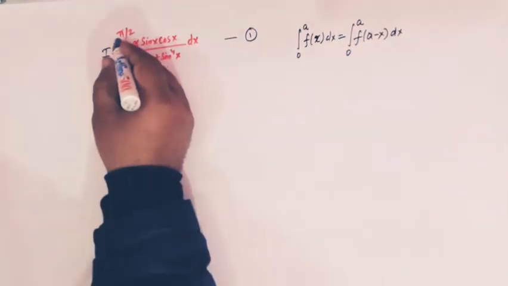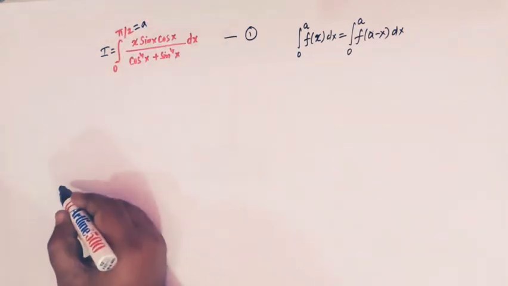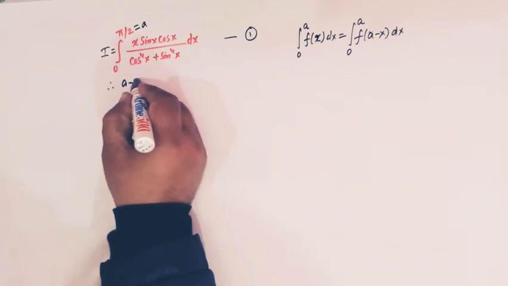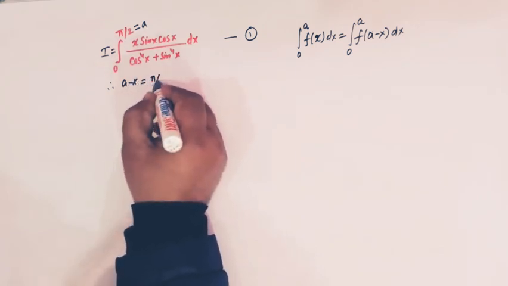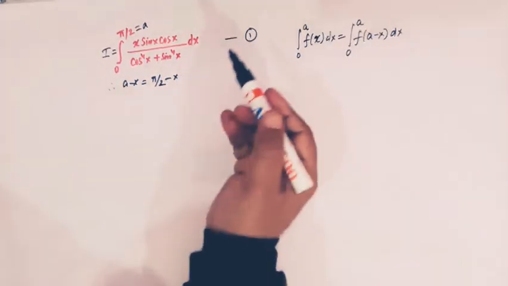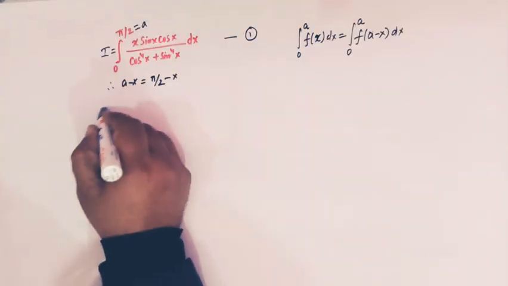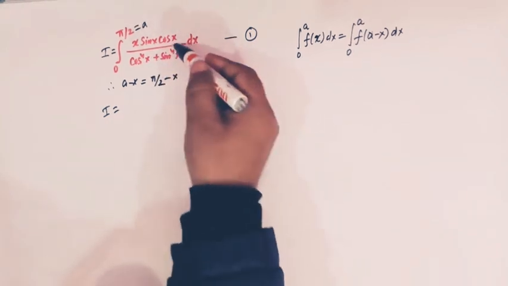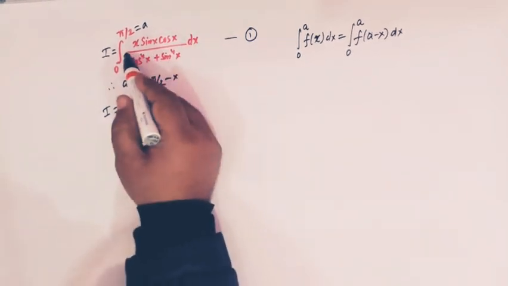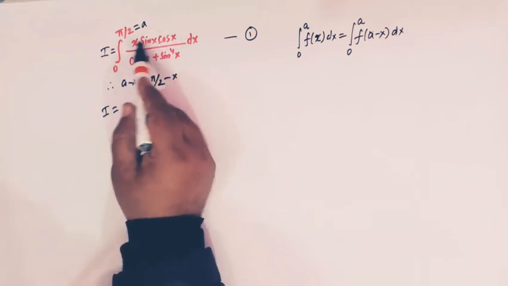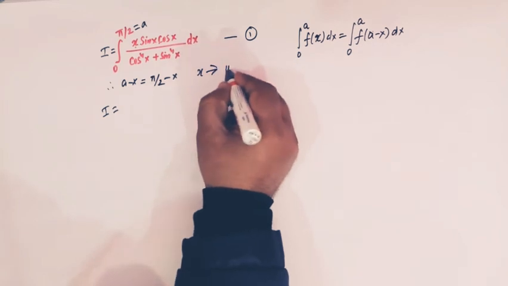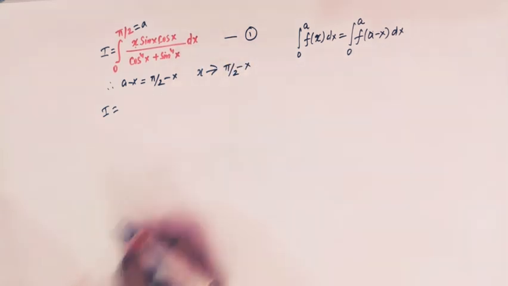Here we see that a is pi by 2, and therefore a minus x is equal to pi by 2 minus x. So in the step immediately after this, all x will be replaced by pi by 2 minus x.